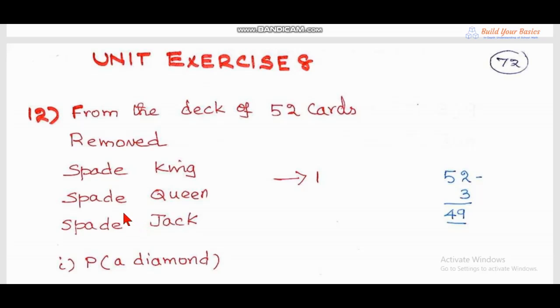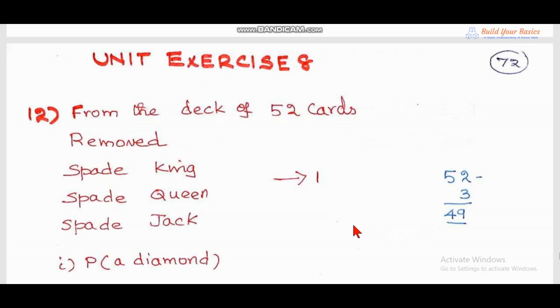One card is selected from the remaining cards. The remaining cards are 49 because 3 spade cards have been removed. Total 52 cards, 3 cards removed, so now there are only 49 cards.